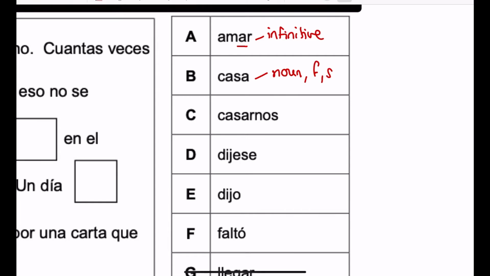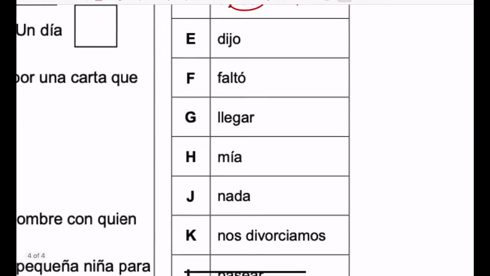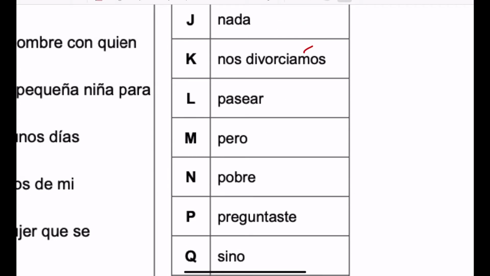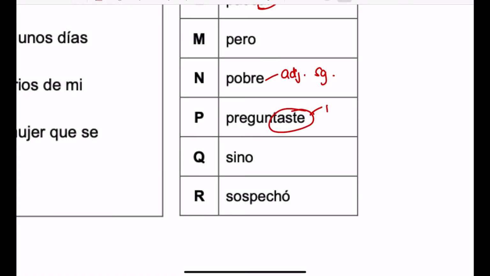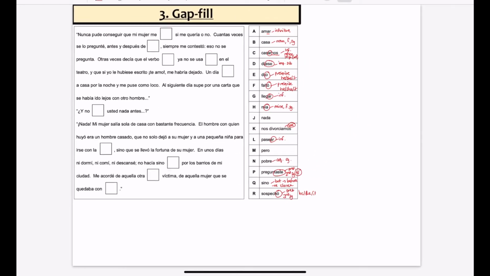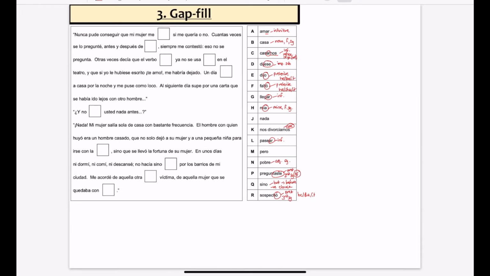It's feminine, singular. So always just go to your list first, have a look down, because that's really going to help you when it comes to answering this question.